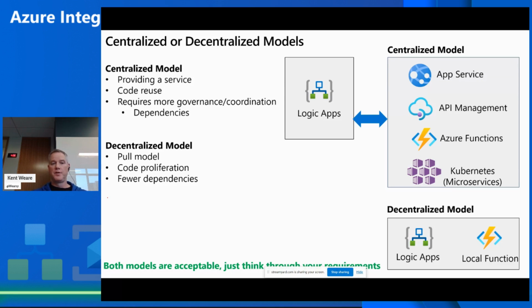The benefit is you have fewer dependencies, because the consumer is in control of the versioning. On the other hand, you do have some code proliferation. So, like I said, both models are acceptable, but think through your requirements and choose the best model for you.